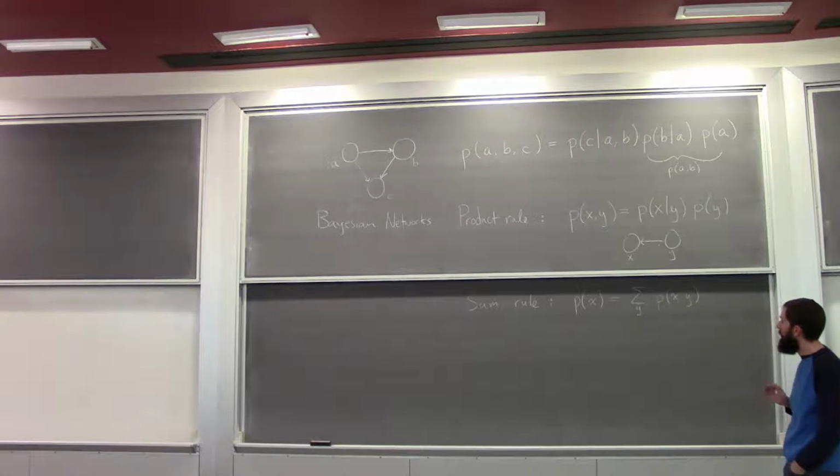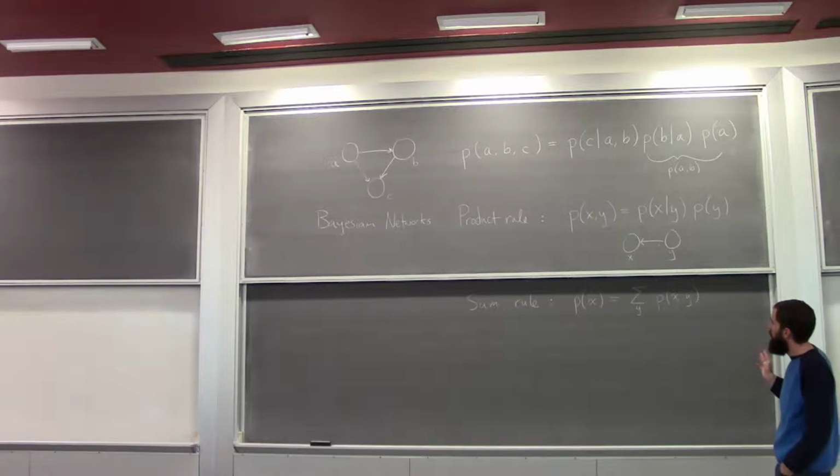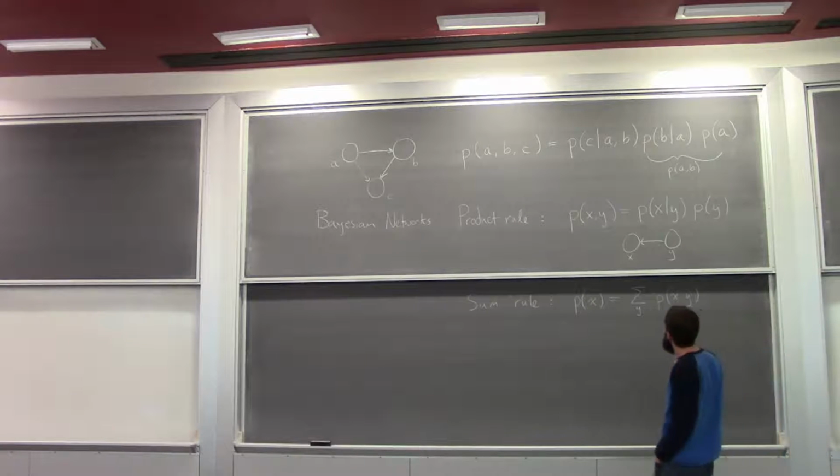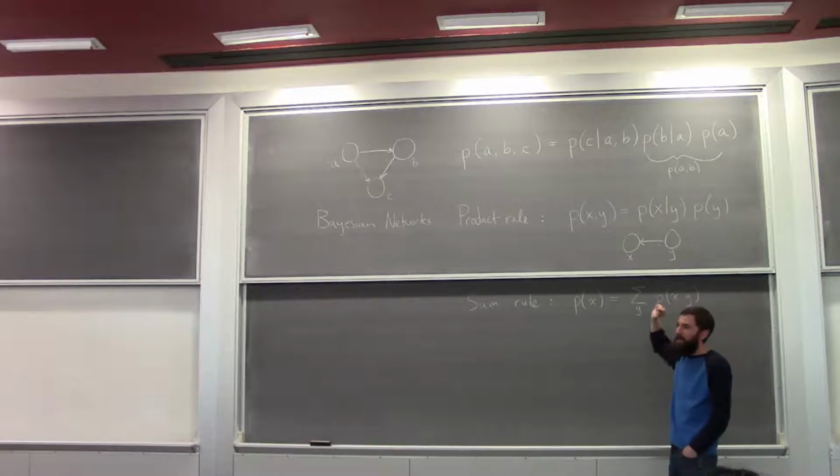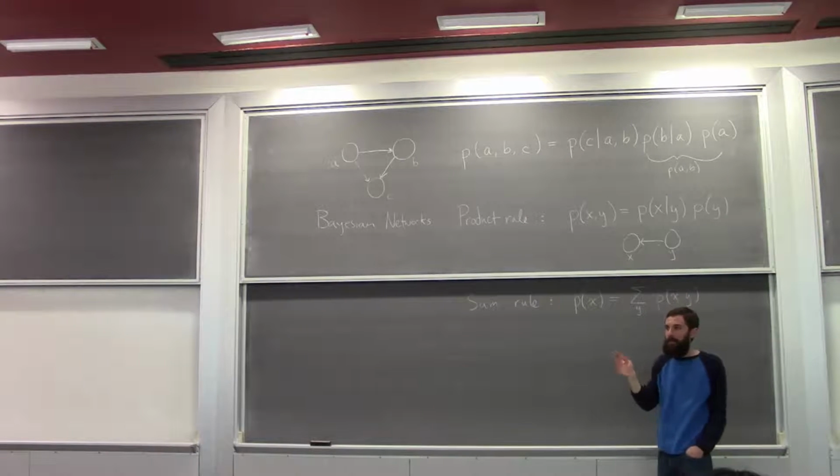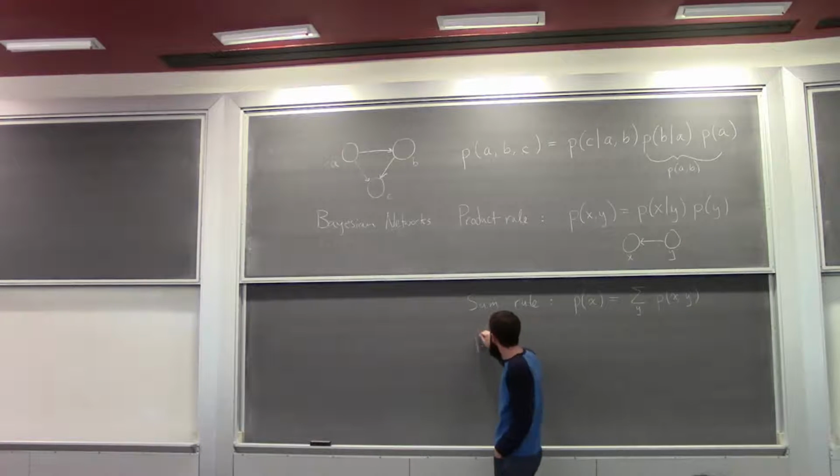So just as a reminder, that's how you get p of x. And then the final thing that will come up, which of course we also know, is I can reverse these arrows by using Bayes' rule. I can always take an arrow and flip it if I use Bayes' rule.